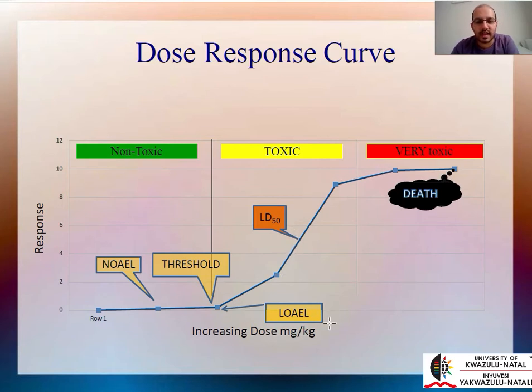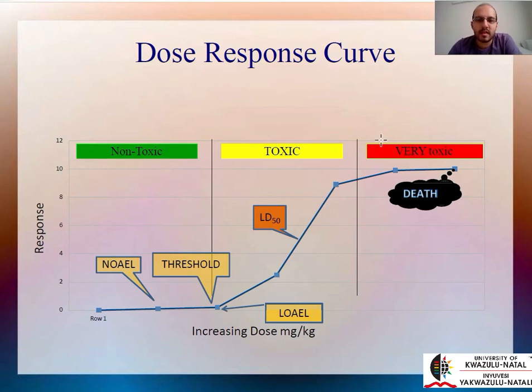Okay, now when looking at it in terms of a population, let's say this graph represents the general population and how they react to a particular chemical. As we move up, you can see the higher the dosage, if it gets to a very toxic dose, it can lead to death.